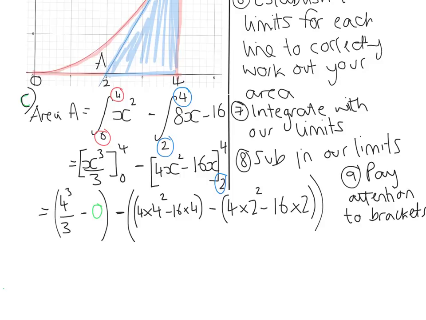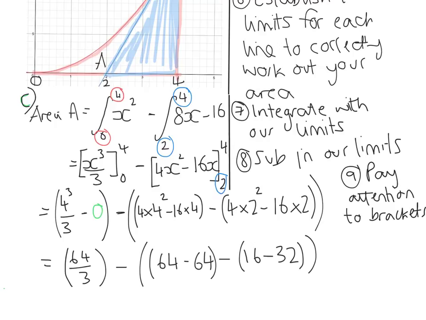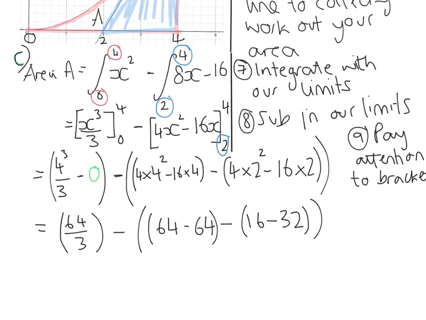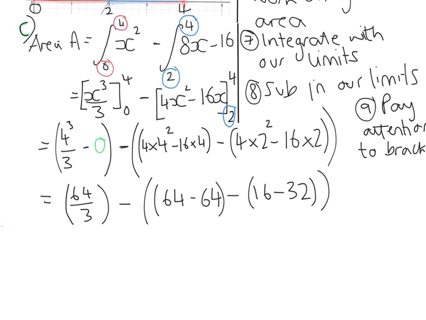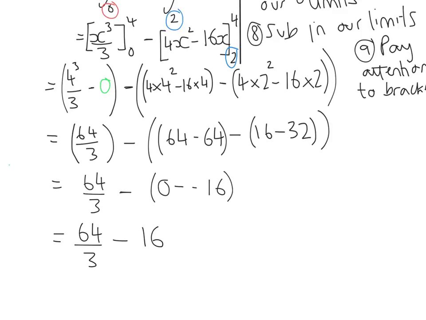Okay, so now we work out the values of each term, keeping our brackets in place at all times. Okay, we can see it's getting pretty complicated, so we just need to keep working through term by term. Work that all the way through, we get to 64 over 3.